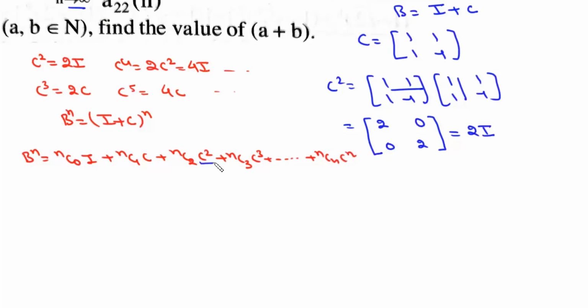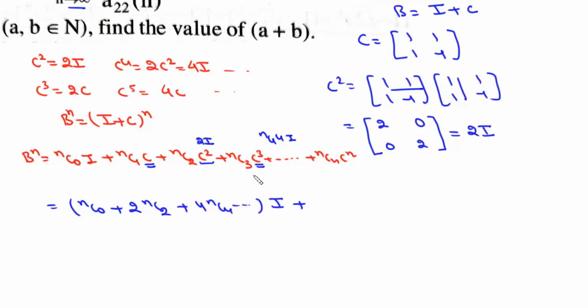Now for even powers of C, it will be simply 2I, nC4 will be nC4 into 4I. So we can write this as nC0 plus 2 into nC2 plus 4 into nC4 into I, and then plus, now this is C.